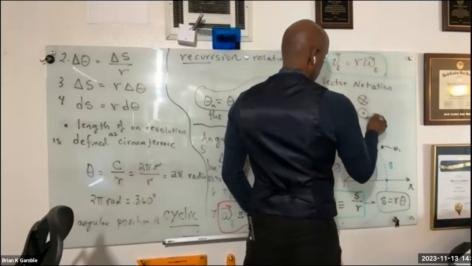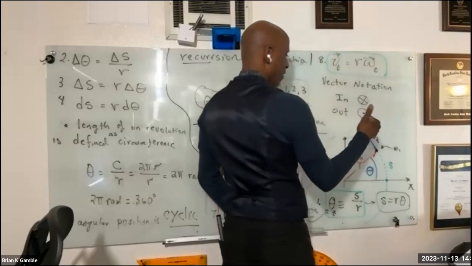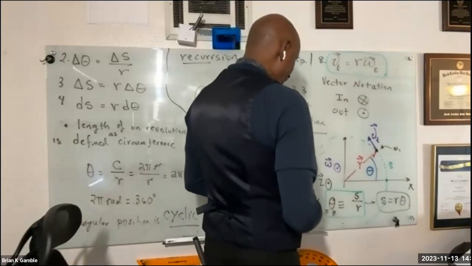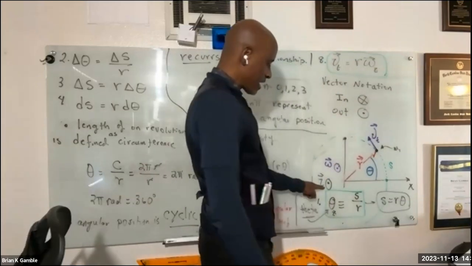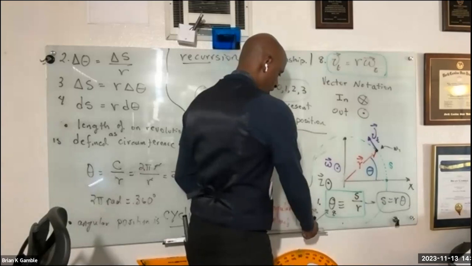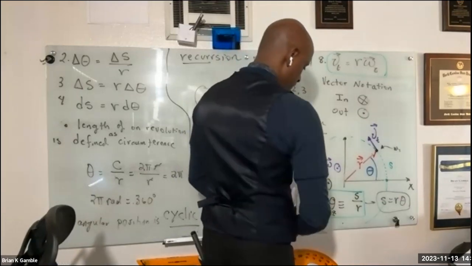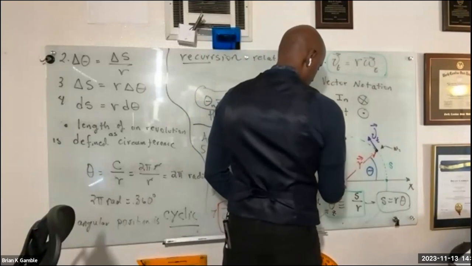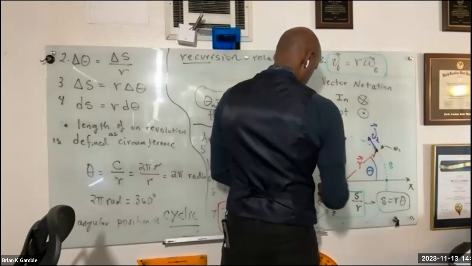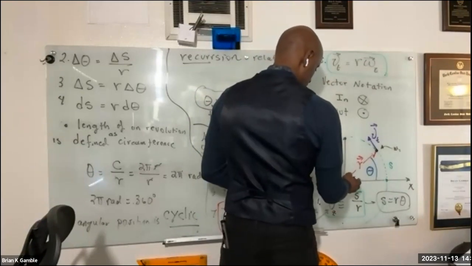So this represents a vector coming out, and this is a vector coming in. I had used that earlier to represent the z-axis, saying that it's an axis pointing out. So I should put it right here with the axis.